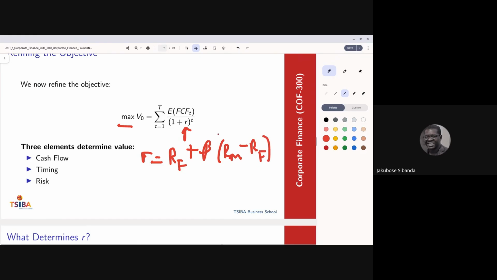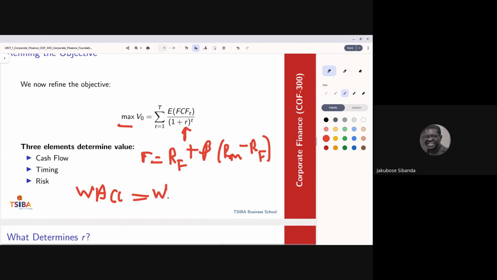We know where that R comes from. Also, you can get that R through WACC. And then you know your WACC.